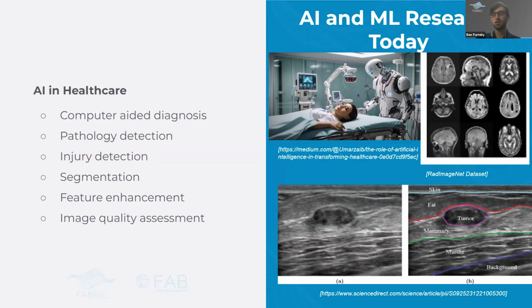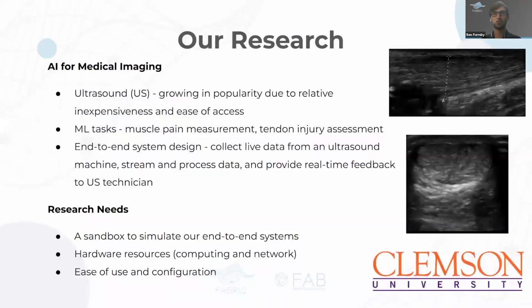And so this brings me to the research that we are doing at Clemson University, which is AI for medical imaging. We specialize in ultrasound imaging because of its growth and popularity more recently, and its relative inexpensiveness along with the accessibility.